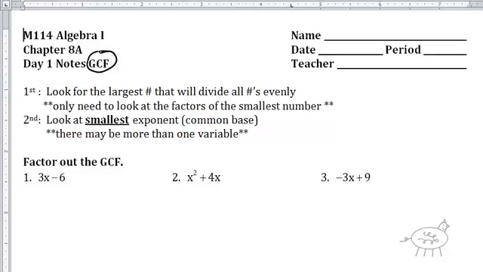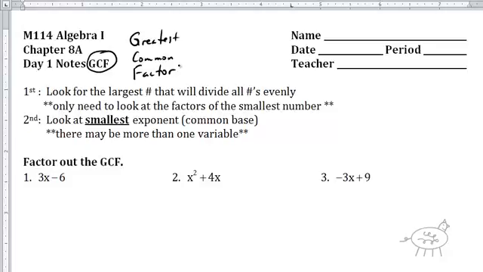All right, and it doesn't quite say it here, but GCF stands for greatest common factor. So what the greatest common factor is, basically, is a number that goes into a number.